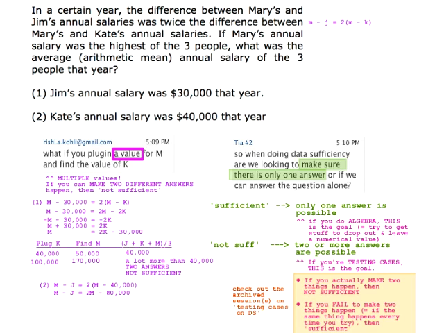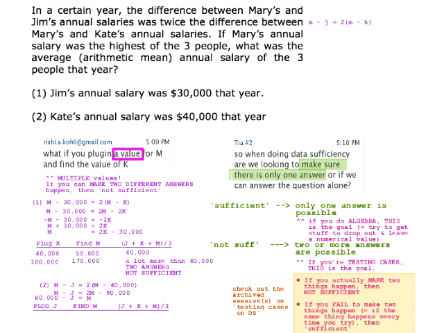If we bring m over to the other side, and then bring the 80,000 to the other side, there it is. Okay, so plug in j, find m, and then find j plus k plus m over 3.